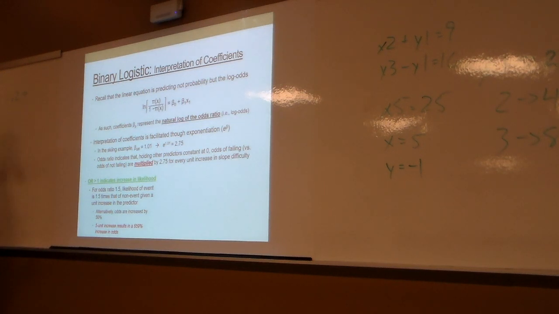Or I would say the odds of falling versus not falling increase by 175% for a trail 1 versus a trail 2, right? So for trail 1 versus trail 2, a 175% increase.